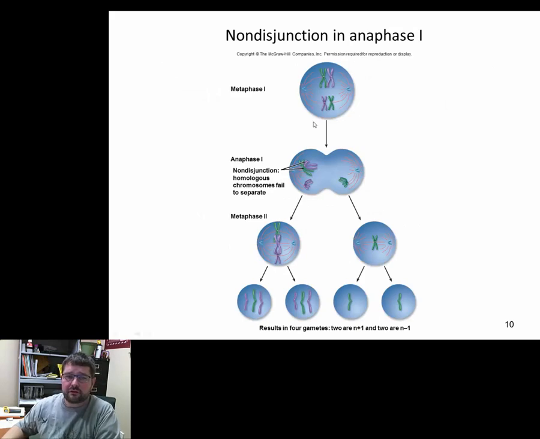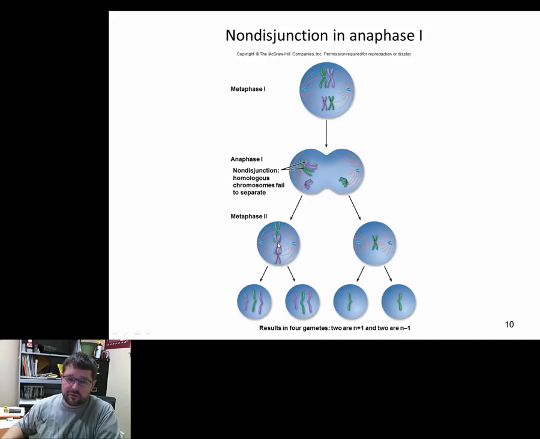And so here's what's going on. So we talked about this before. Okay, so you have metaphase 1, these homologous chromosomes are lined up, and then right afterwards, these homologs should be separating. Here you can see the microtubule did not connect to that kinetochore, or to that centromere. So the homologs never get separated, and they get pulled over here.